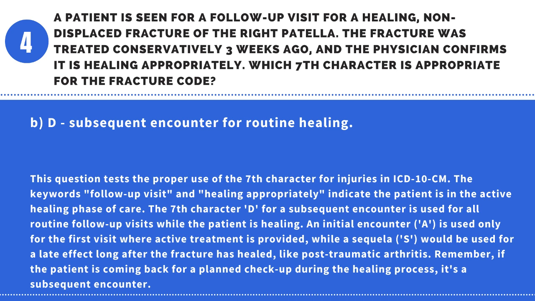An initial encounter is used only for the first visit where active treatment is provided, while a sequela, S, would be used for a late effect long after the fracture has healed, like post-traumatic arthritis. Remember, if the patient is coming back for a planned checkup during the healing process, it's a subsequent encounter.